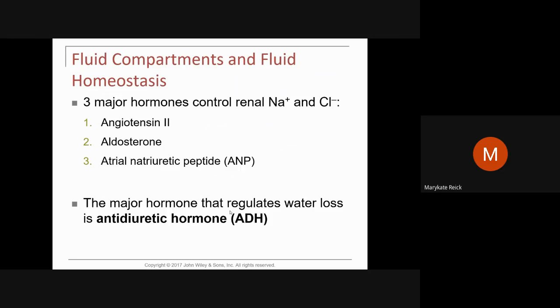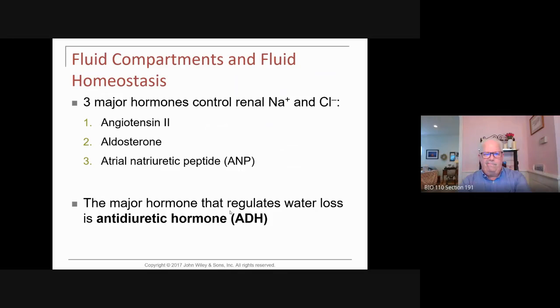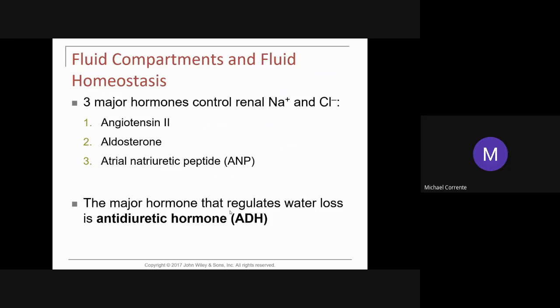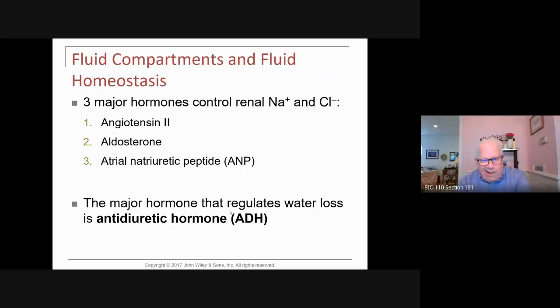Is it aldosterone? Wrong. Lower your blood pressure. Is it angiotensin II? Wrong. Is it ADH? Yeah, no, it's wrong. There you go. You got three wrong answers, and you only have one more left, and that's ANP.